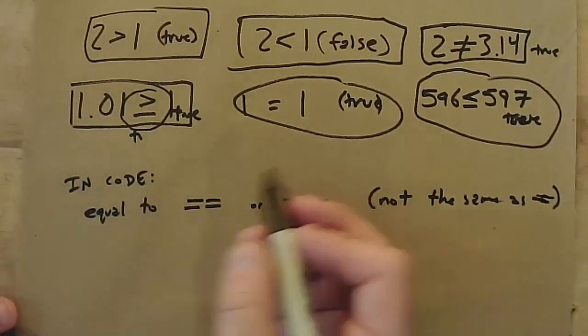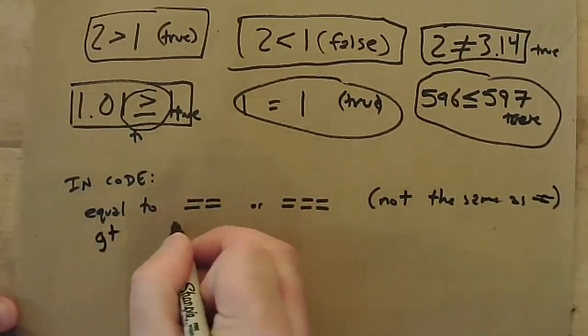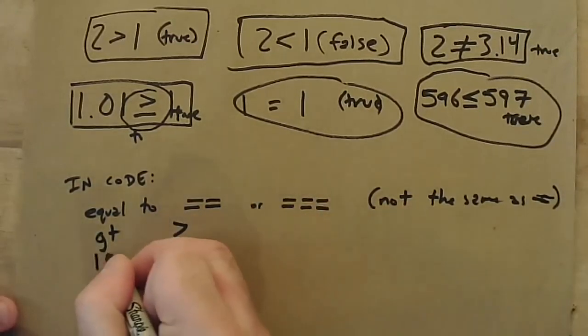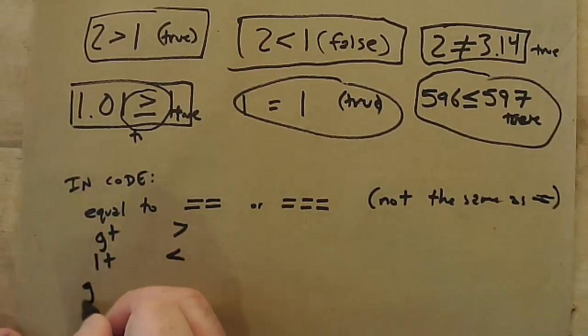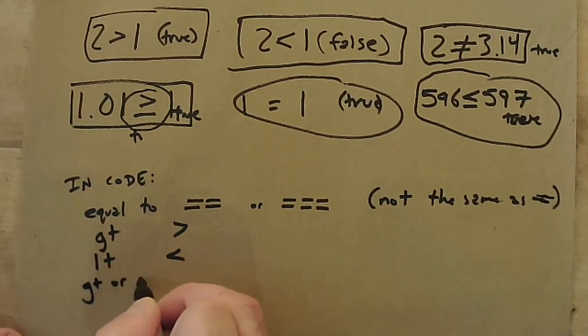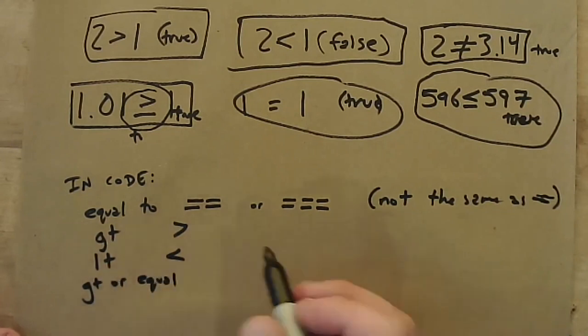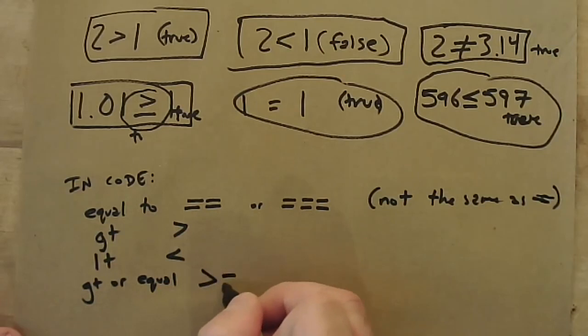All right, greater than is the same, less than is the same, greater than or equal to, we just put them next to each other.